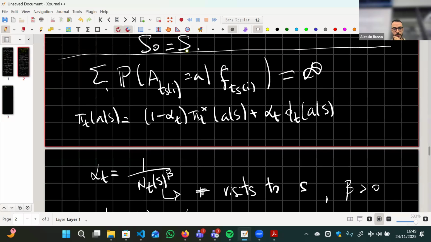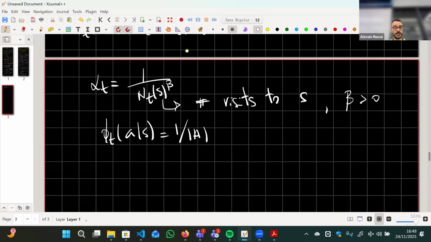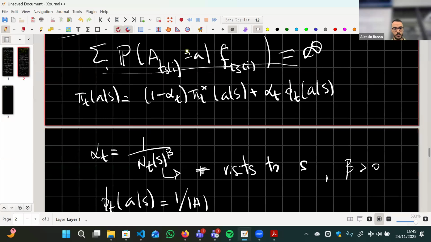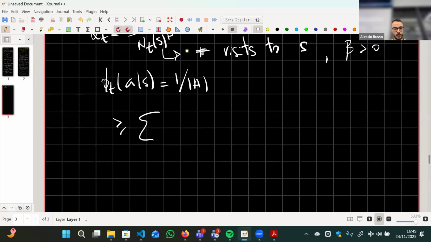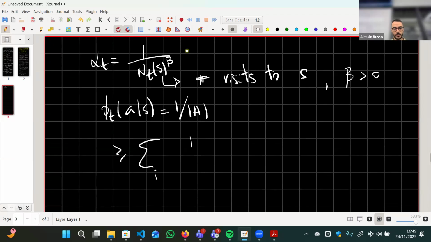So we want to show that this holds. So the probability that in any state we pick a certain action A will be simply lower bounded by sum over i, 1 over the size of the action space times N_i.